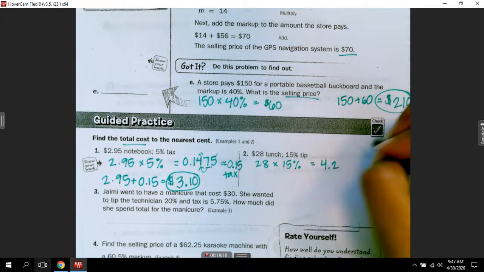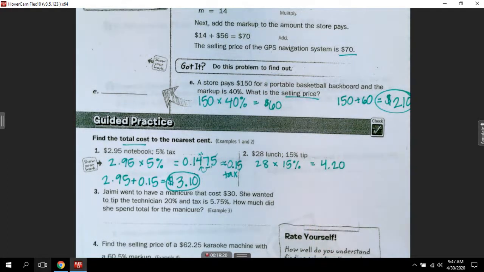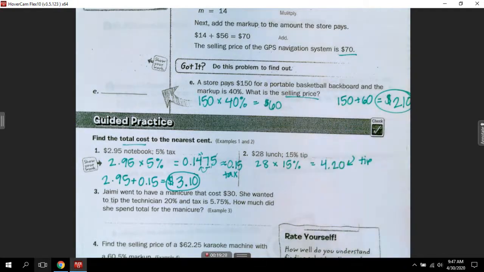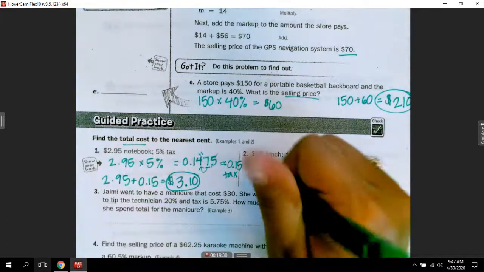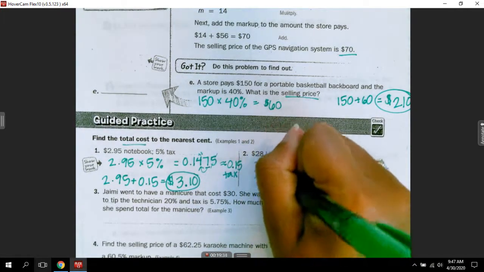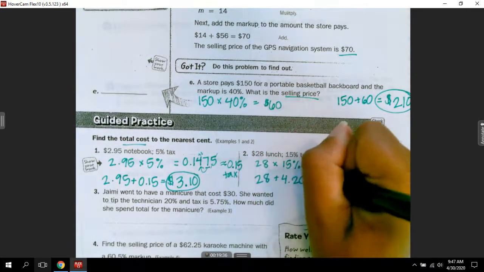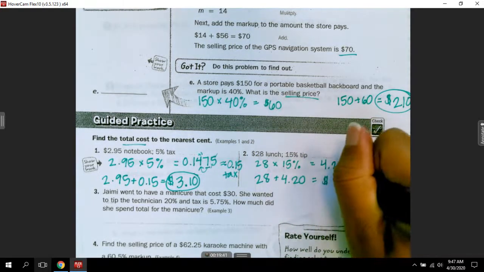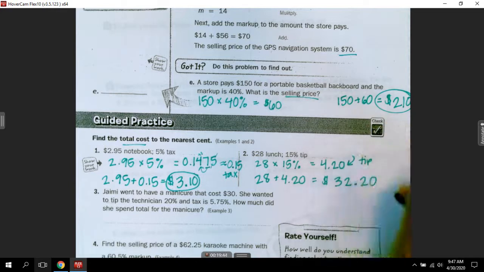Again, you need 2 decimal places, so we're actually going to add that 0 there. $4.20, not $4.02, okay? That again is your tip. So to find the total cost, you're going to take the price of the lunch, so 28, plus the $4.20 tip, which gives you a total of $32.20. Okay.